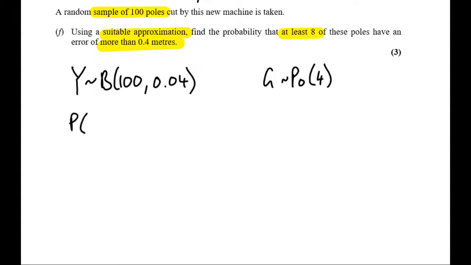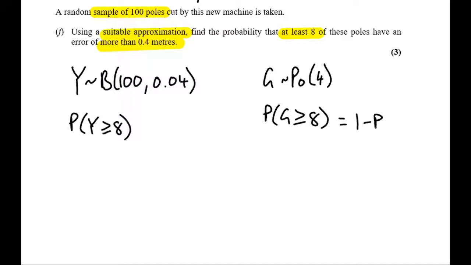So, probability that Y is at least 8, so the smallest value of Y is going to be 8. After approximating, probability that G is greater than or equal to 8. So this is nice for the tables. I have a value of lambda I know will be in the tables, but I have a greater than probability here.